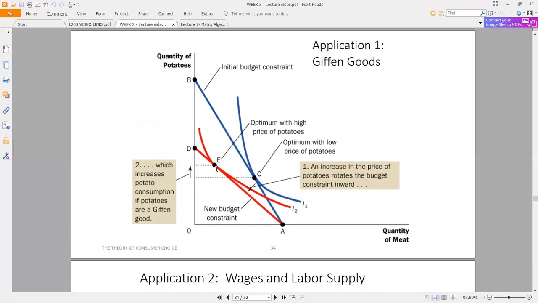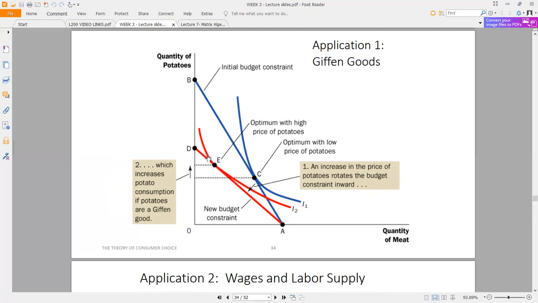Let's look at the graphical representation. This is the initial budget line, this blue line here, and then the initial indifference curve, and the initial optimal bundle was C. This was the quantity of potatoes. Now, if there's an increase in price, the budget line will rotate inwards, so we come to this red line.